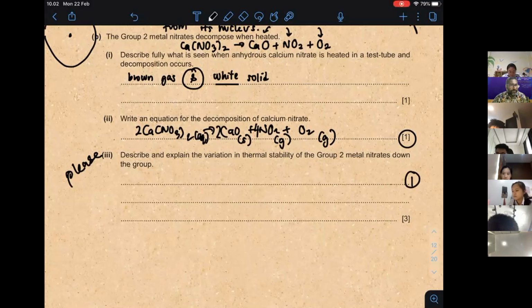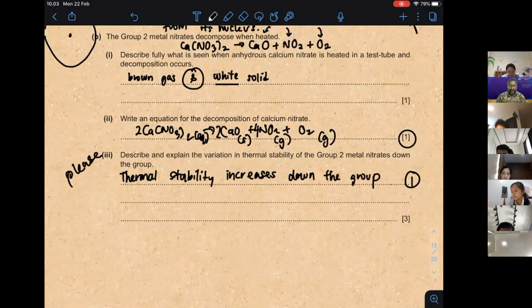You need to know why thermal stability generally for carbonates and nitrates is going to be more stable. So thermal stability increases down the group. This one you need to know whether it's in AS or A2. So this one you must know.